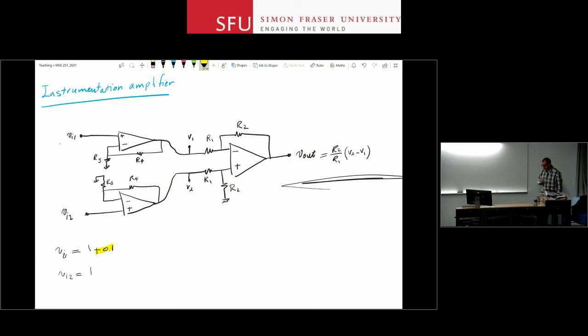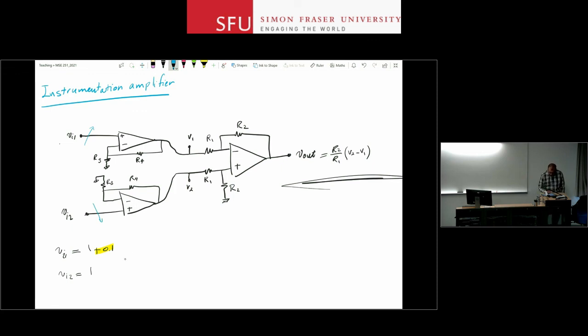And then what you can do is look at the differential behavior of this circuit. You say, okay, it's only responding to differential signals. So what does that mean? It means that the signal here goes up, this goes down. Differential means they move in opposite directions, right?